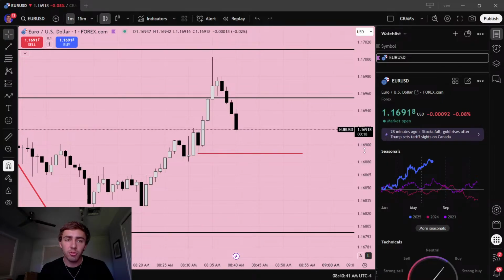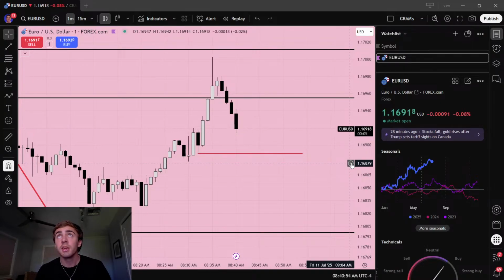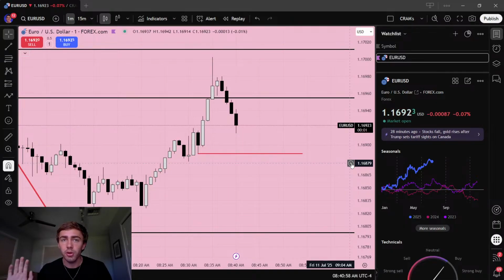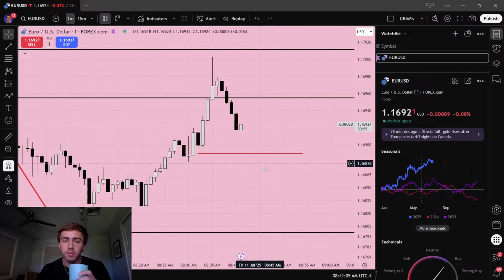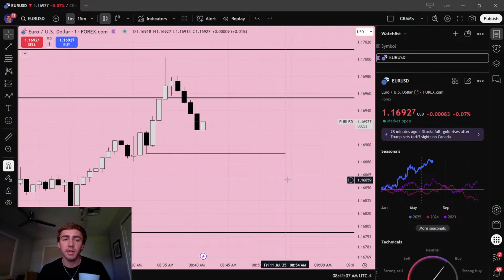So we just have to watch price start to do something and then try to get in on it at the beginning of it happening. And that's the whole idea of a market structure shift, right? If you get a market structure shift at the right time and at the right place, you're getting in at the very earliest confirmation that price is going to start going in a new direction, regardless of any higher time frame, regardless of any other confluence or bias or anything like that.